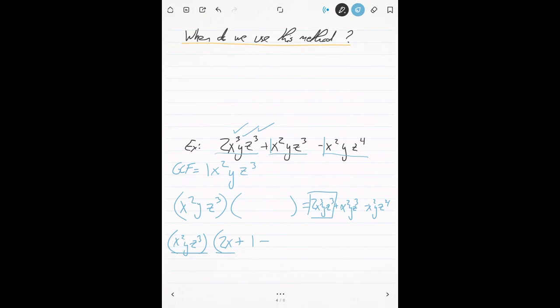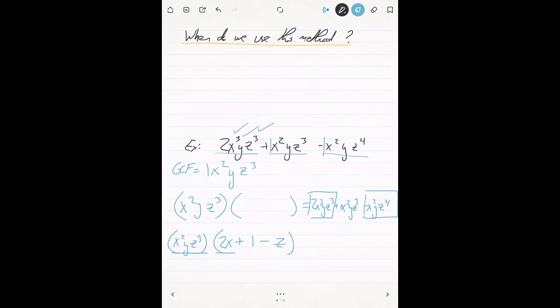So we multiply x squared y z cubed by some negative value to get the negative x squared y z to the fourth. Okay. X squared times what got us x squared? Well, that's just a 1, so we don't need to worry about that. y times what got us y, again, that's just a 1, don't need to worry about it. But z cubed times what got us z to the 4th. That's just a z to the 1st power.